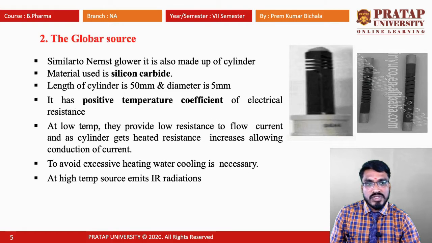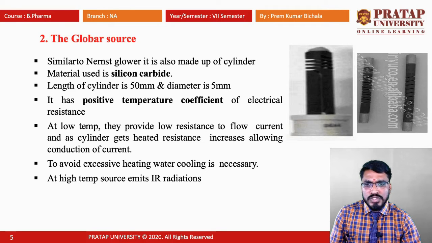The second one is the globar source. This globar source is similar to the Nernst glower. It is also made up of a cylinder, like the picture shows. The material used for the globar source is silicon carbide. The length should be 50 millimeters and the diameter should be 5 millimeters.